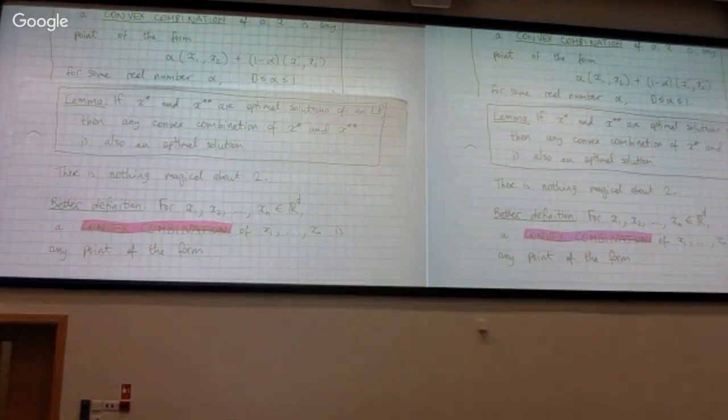And they both have to be between 0 and 1. Obviously, if alpha is between 0 and 1, then 1 minus alpha is also between 0 and 1. That's the key.